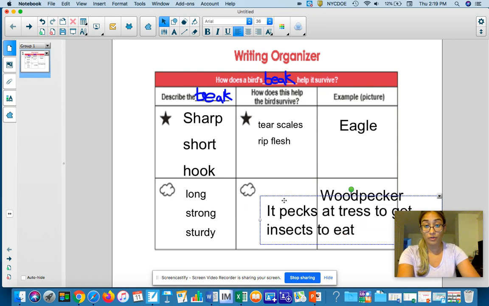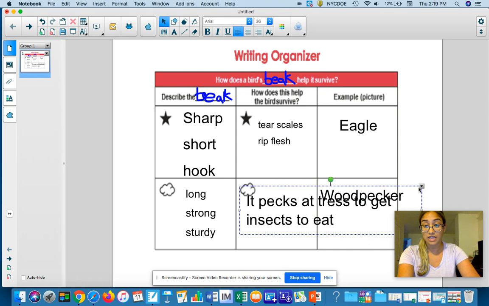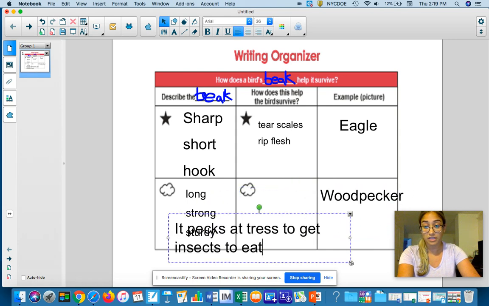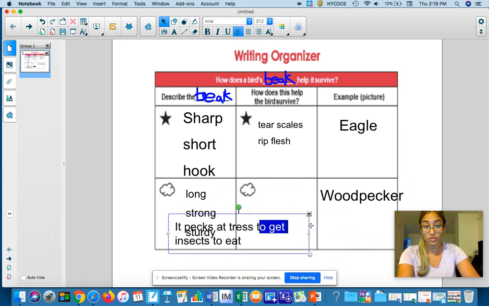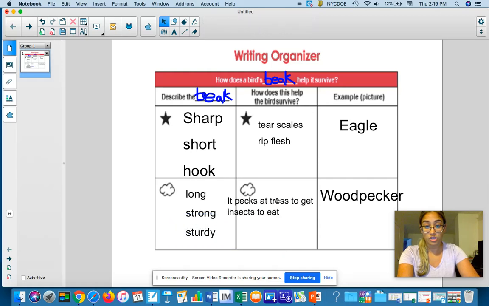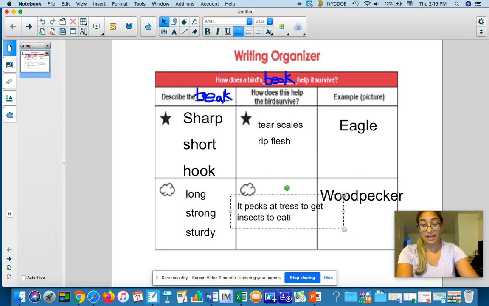So that's how the woodpecker uses its beak to survive. Let's make this smaller. So it pecks at trees to get insects to eat. And it pokes holes in the tree.